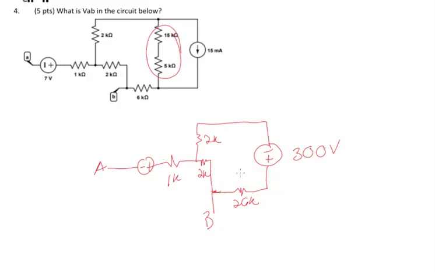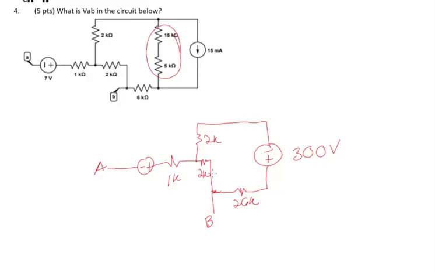Okay, so now what I did was I found the current going through this branch right here. So the current created by this 300 volt power supply goes through the 26K, through the 2K, through the other 2K, and back to negative here.